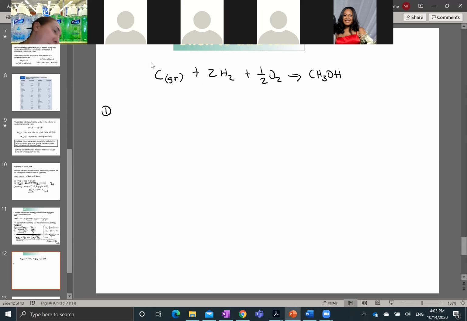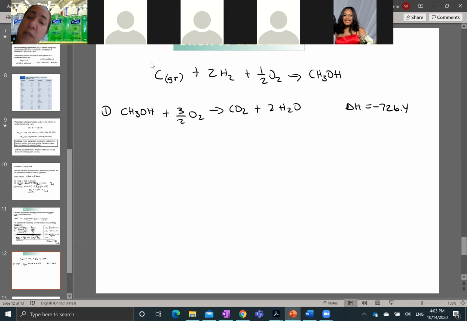Now, the example equations are methanol, CH3OH, plus 3/2 O2 goes to CO2 plus 2 waters. The delta H for that is negative 726.4, obviously all kilojoules per mole. I'm skipping a lot of stuff. I haven't put any states, but you're supposed to do that.